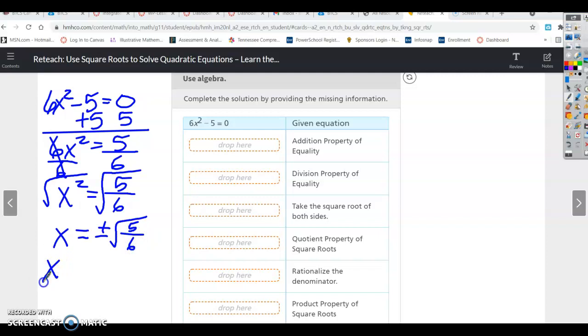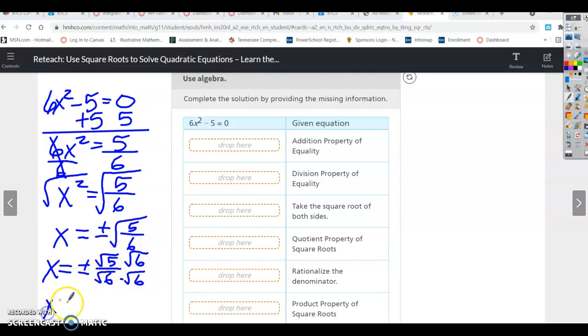And then you have to rationalize the denominator. So we have x equals plus or minus the square root of 5 over the square root of 6. And to rationalize your denominator, you have to multiply by whatever's on the denominator. Something squared, so a square root squared, will undo the square root symbol because the square root and something squared cancels.